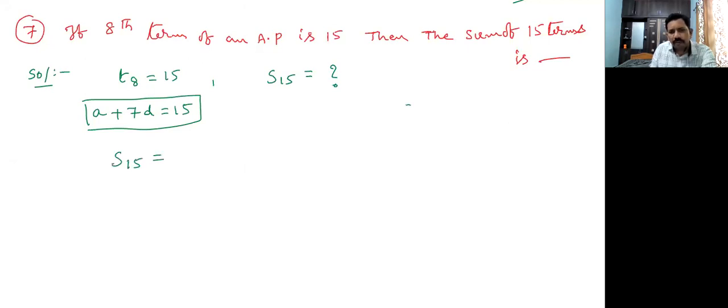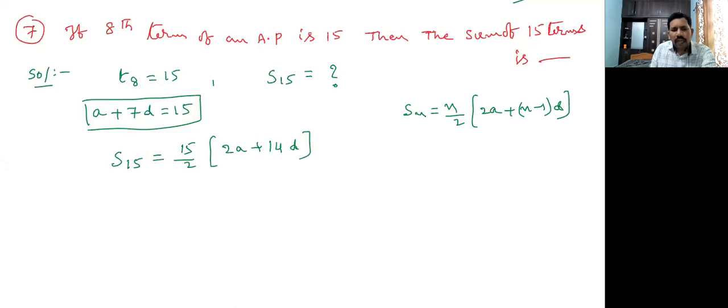What is the Sn formula? Already you know very well. n by 2 into 2a plus n minus 1 into d. Now use that. 15 divided by 2 into 2a plus 15 minus 1, 14d. Now inside the bracket, take 2 common and it's going to cancel.